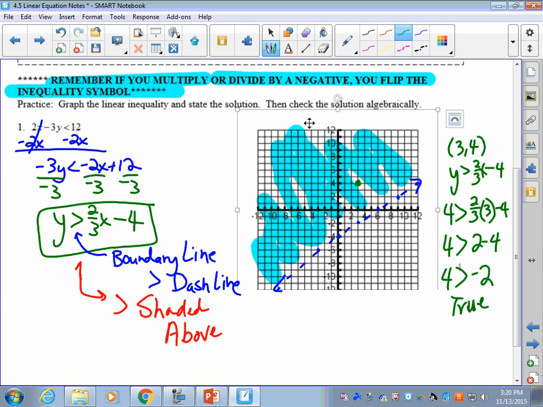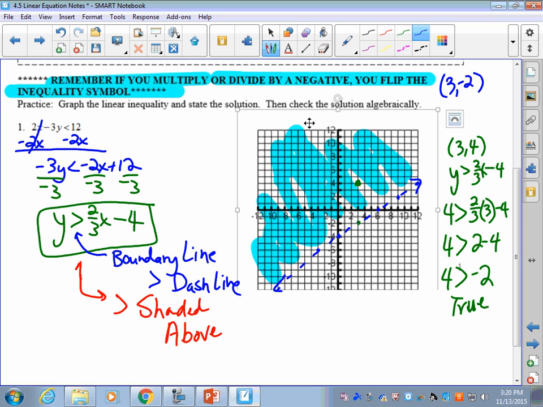Now, what if I pick a point, let's say the point was at 3, -2 on the dotted line? Would that be a solution? Let's check. 3, -2. It's on the dotted line, but let's check it algebraically.